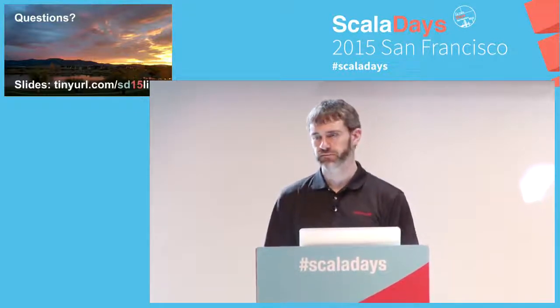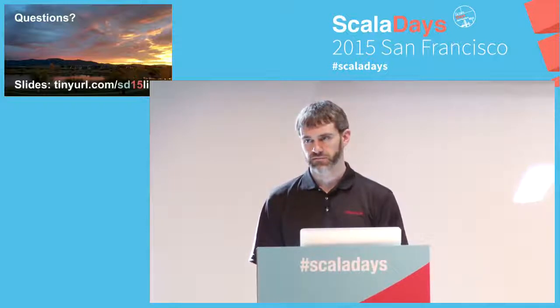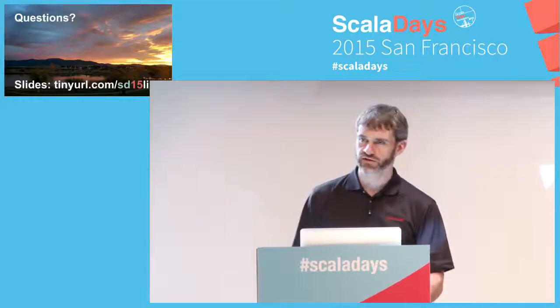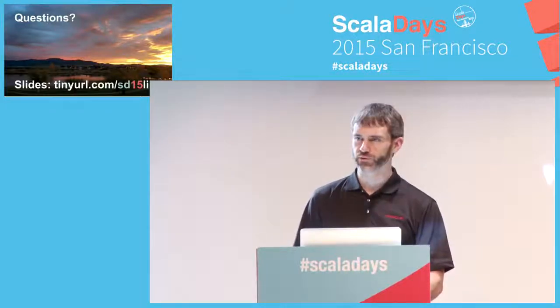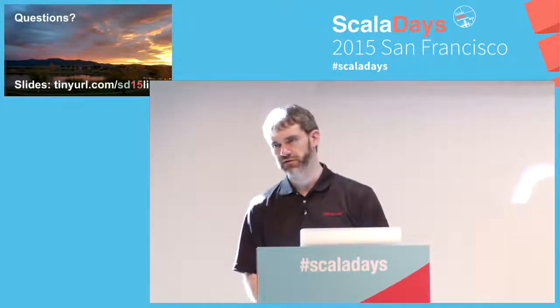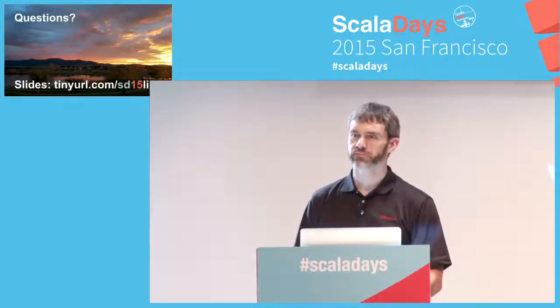Audience: There is an early stage Sonar Q plugin for Scala. I'm just wondering if you have experience with that. Speaker: Sorry, the question was about an early stage Sonar Q plugin for Scala. I don't know what Sonar Q is. Audience: Sonar Q is an analysis aggregator, if you will.